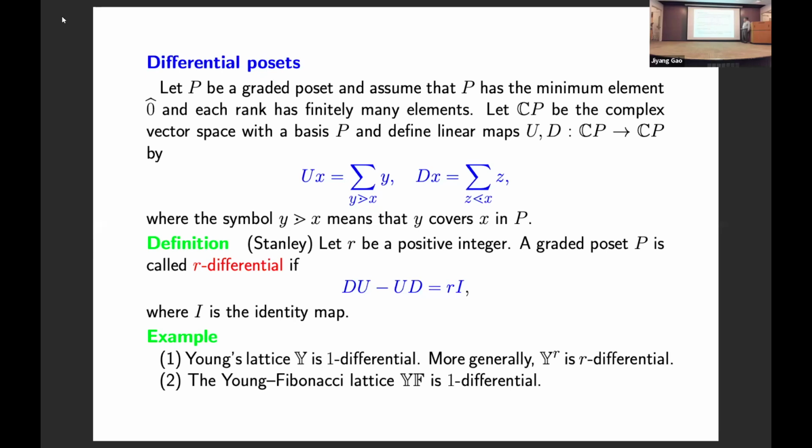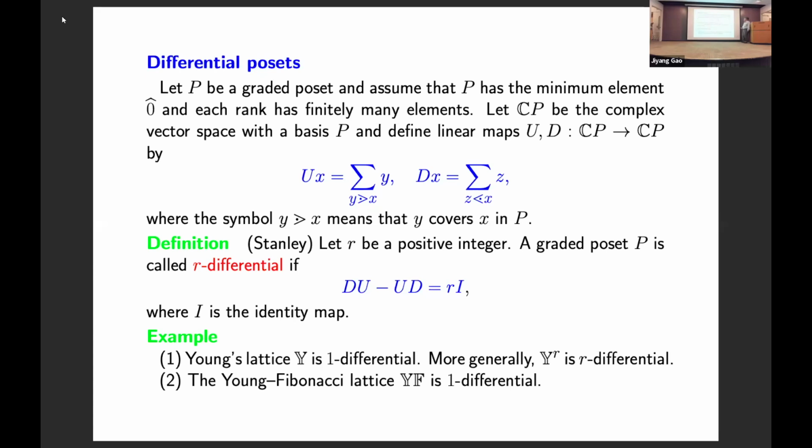So the fundamental example is Young's lattice. Young's lattice is one-differential, and it is also easy to show that the product of r copies of Young's lattice is r-differential. Another fundamental example is the Young-Fibonacci lattice, denoted by Y, which is also one-differential. I will give the definition later.